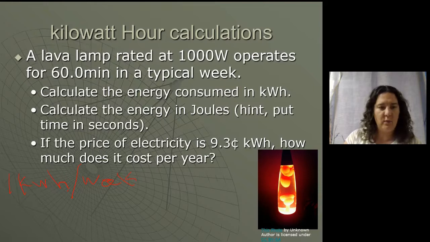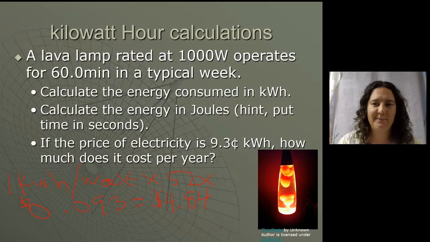So now we take 1 kilowatt hour per week, multiply it by 52 weeks in the year, multiply it by the cost of electricity, and I'm going to put this into $0.093, so I don't have to convert my cents. And we get a total of $4.84 to operate this lava lamp for 1 hour a week.